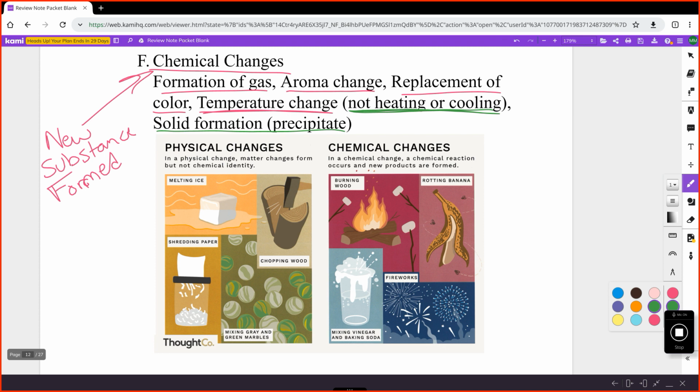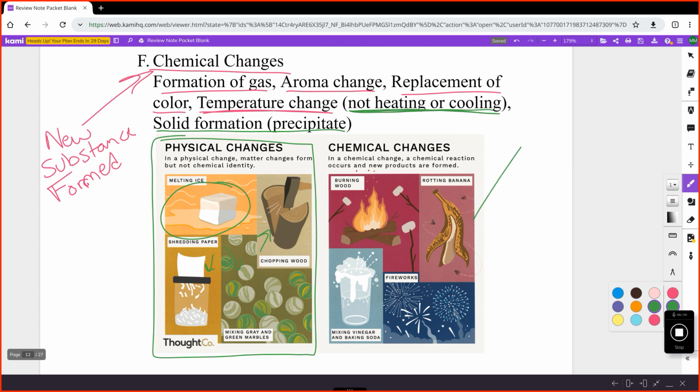This picture right here was a nice one that I found. In all of these physical changes, melting of ice, chopping of wood, mixing of marbles, shredding of paper, nothing new is being formed. We're just either changing the size of the particle, or mixing it with another particle, or changing the phase of a particle, none of which creates something new.